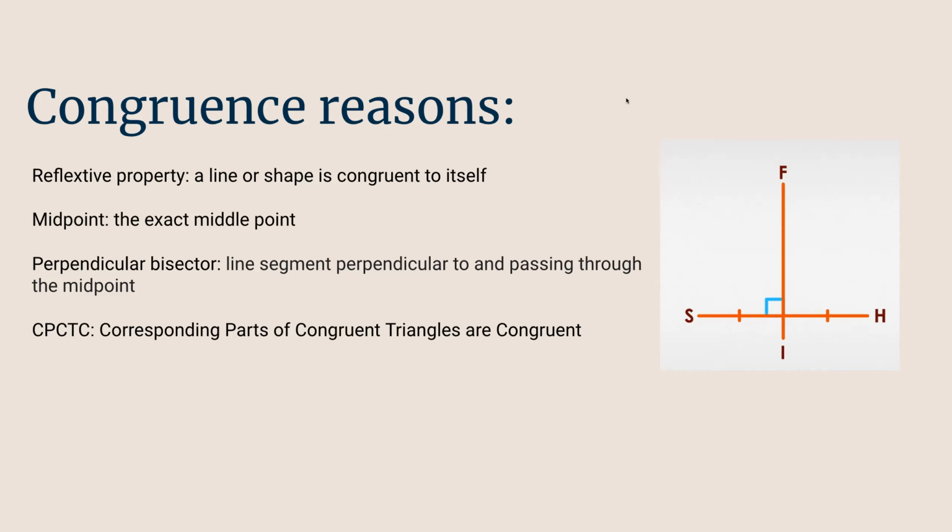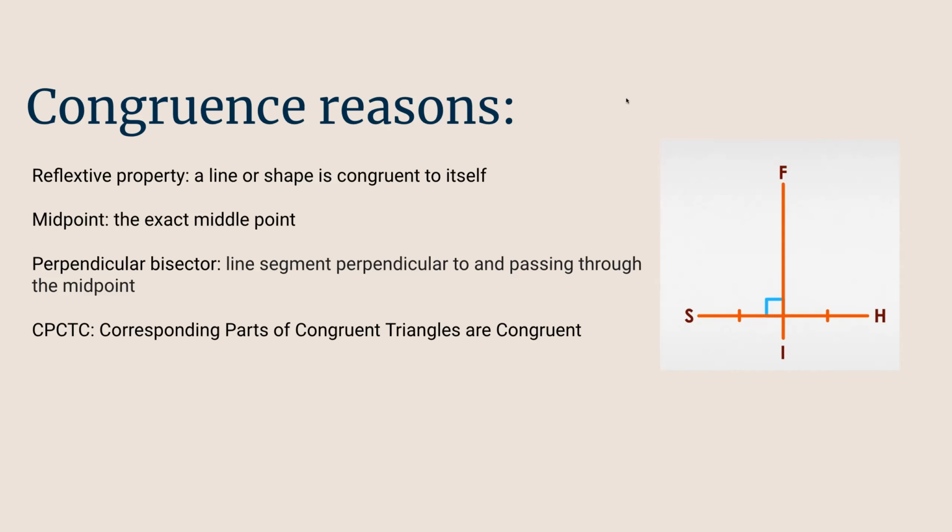And then there's the perpendicular bisector. If you put the perpendicular bisector through a line segment, and use any point on the perpendicular bisector and connect it with the endpoints of the line segment, it will create two congruent triangles.